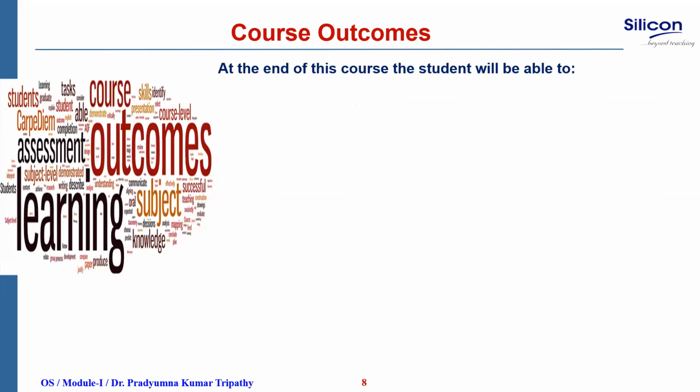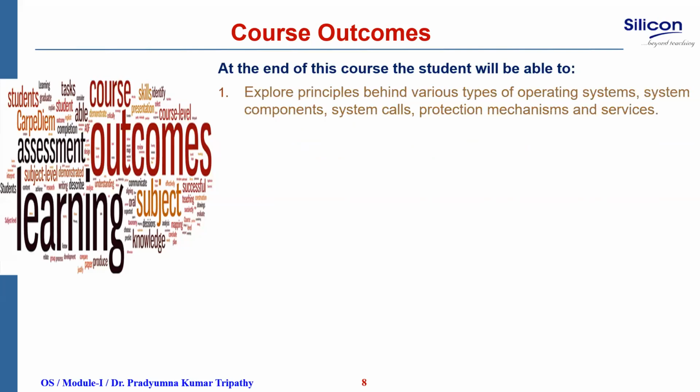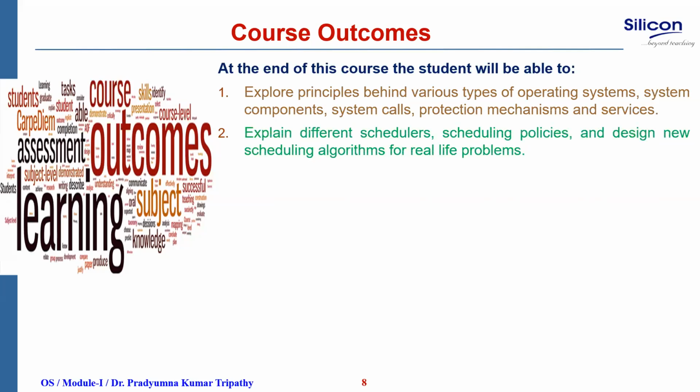The outcome is what, at the end of the course, the student will explore: the principles behind the various types of operating systems. How many types of operating systems are there? Why are they categorized? What are the components, system calls, and so on.